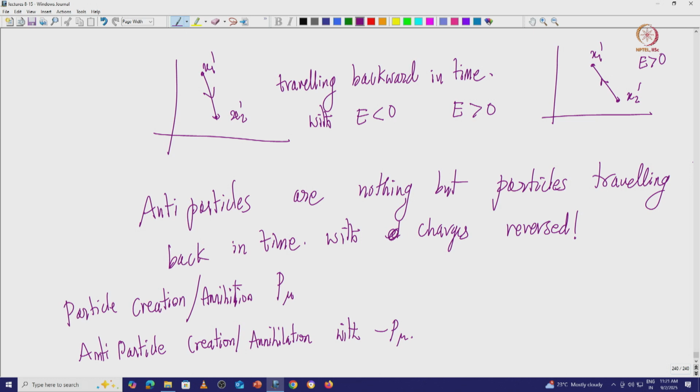So instead of changing the sign of p mu, keep it p mu positive and change the sign of t, because in all the wave functions p mu comes with x mu.